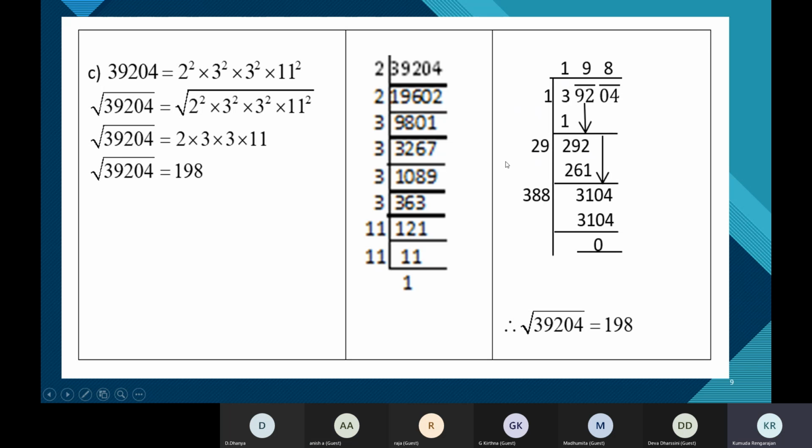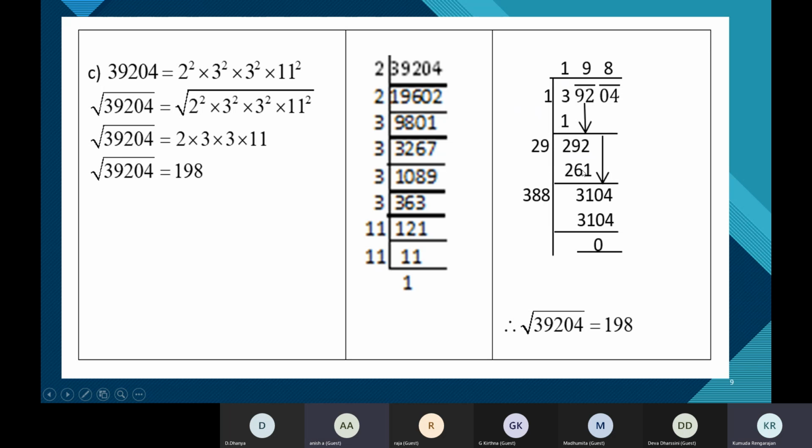Because if we write 4 here, we must write the same digit 4 here. So it will be 24 into 4. Or we would have tried 25 into 5, or 26 into 6, 27 into 7. Like that, when we keep trying, we find that 29 into 9 is the closest to 292.